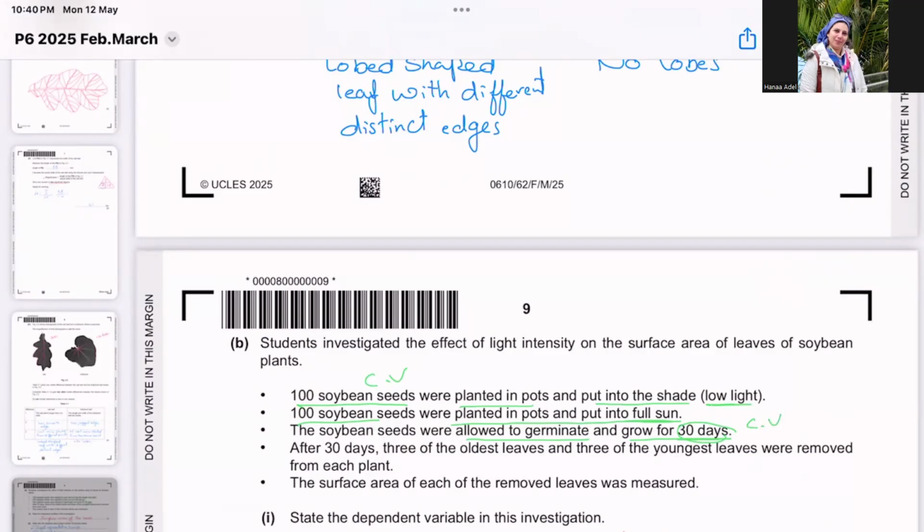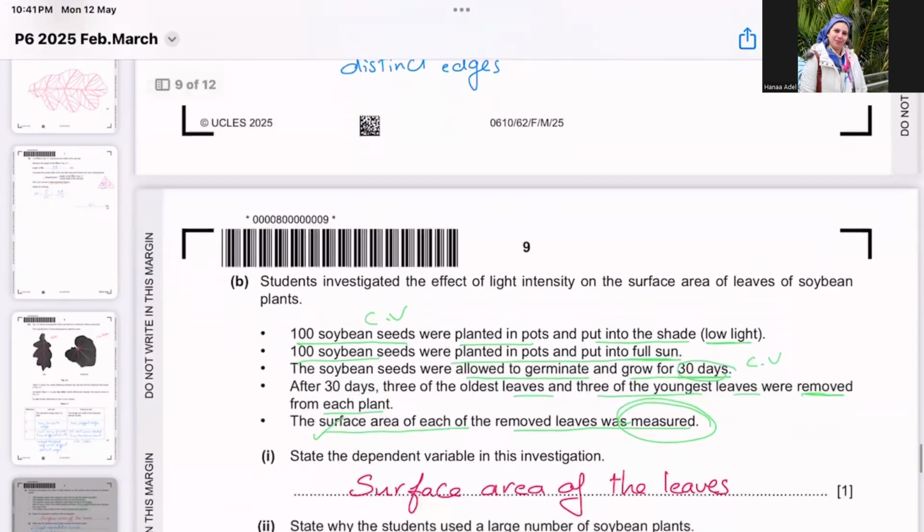Okay, after 30 days, 3 of the oldest leaves and 3 of the youngest leaves were removed from each plant. The surface area of each of the removed leaves was measured. So here we have to know which one of them is the dependent variable, something that we will measure, which they said at the last word. So they measured what? The surface area of the leaf. This is called the dependent variable or the measured variable.